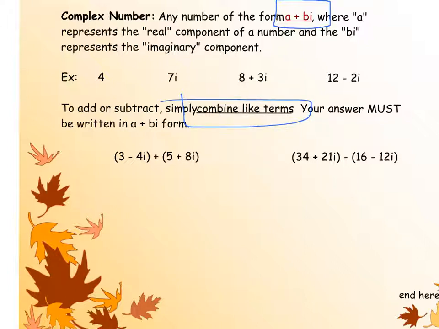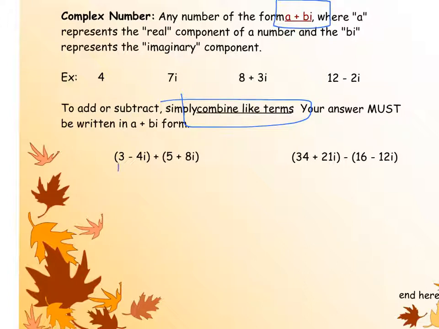Okay? I is not a variable, but many times when we're simplifying expressions with I, we can treat it like one. Okay, so in this first example, you could kind of pretend that I is like X, and you would simplify it just like a variable expression. But again, understand I is not a variable by any means. All right, we can just think of it as one.